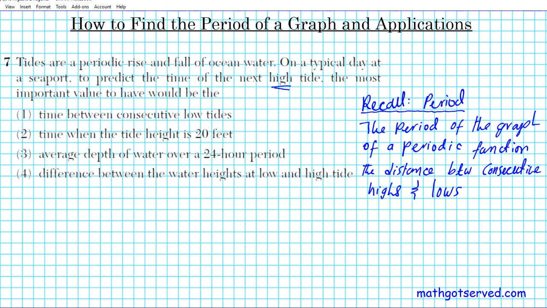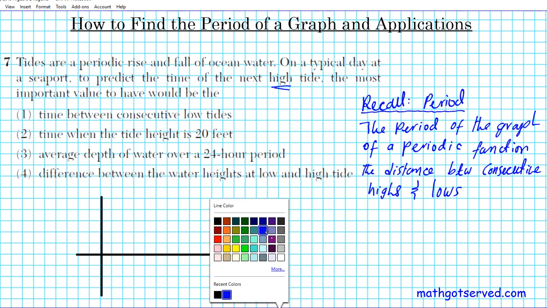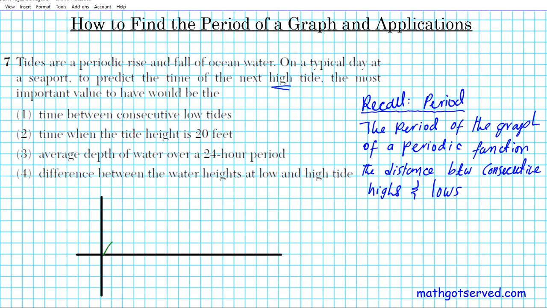Okay, so let's go ahead and give you a visual of what we're talking about here. So let's assume that this is the wave pattern of the ocean, the cycles that happen. So it goes something like this. Let's put a point here, here, and here. So this is the high, and then it goes down to the midpoint, and then to the low, and then back to the center.